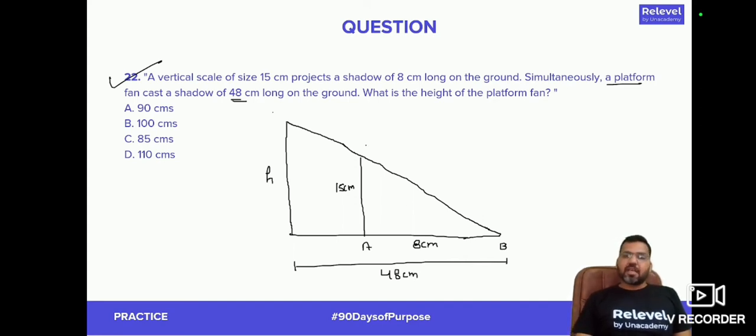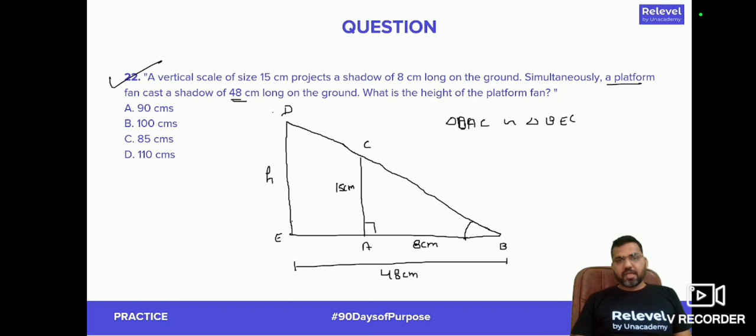Now you can see that this is basically a question of geometry. If you look at triangle BAC, why I'm saying it BAC? Because it's a right angle triangle at A. Triangle BAC is exactly similar to triangle BEC, right? You see that this angle is same.